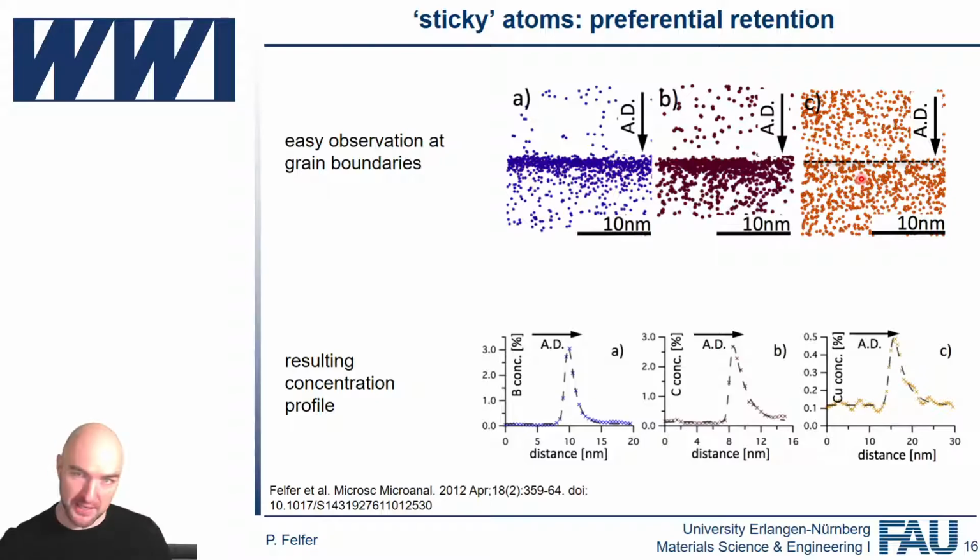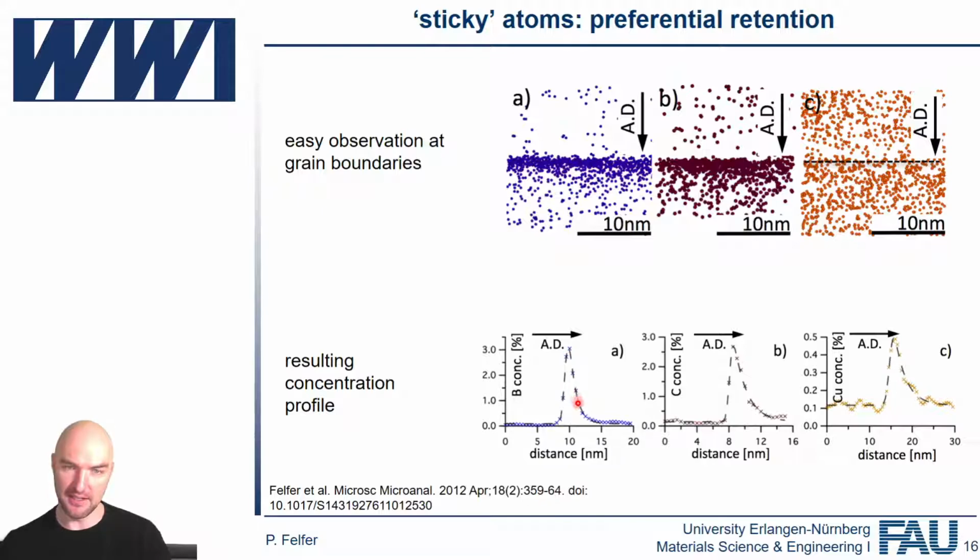And this is, for example, copper in an aluminium alloy. But what we also observe is that there's a certain constant probability for it to evaporate at any different point in time. If you have a constant probability, then the amount of flux that you get is proportional to the amount of stuff that you had at a given point, which means you get an exponential decay. This is the so-called retention function, and here is the actual concentration profile that's observed.